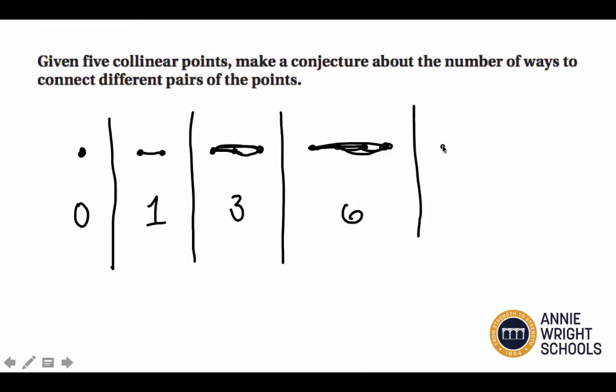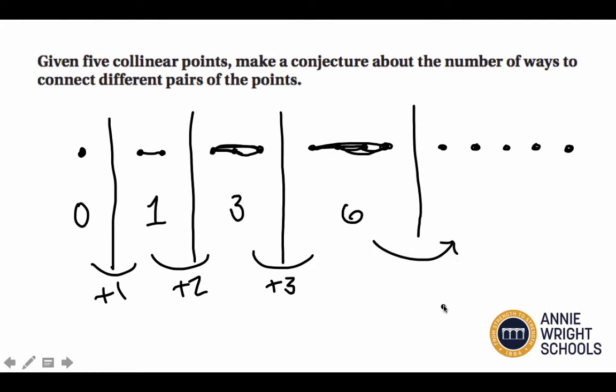And let's see if we can come up with a pattern before we check all 5. Here I added 1, here I added 2, here I added 3. Take a guess. What do you think's next?